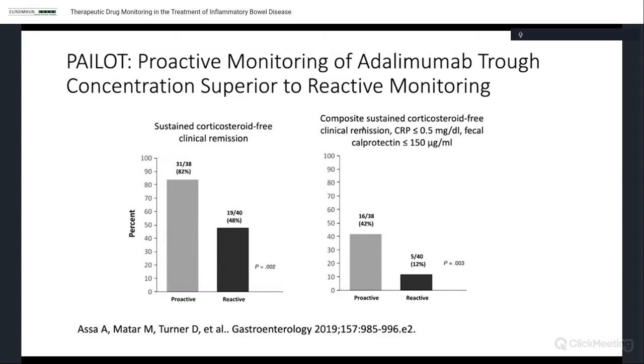And then also they looked at a composite sustained corticosteroid-free clinical remission in addition to biochemical evidence of remission with CRP less than or equal to 0.5 milligrams per deciliter or fecal calprotectin less than or equal to 150 micrograms per ml. And indeed, the proactive group had superior outcomes for this composite endpoint compared to the reactive group.